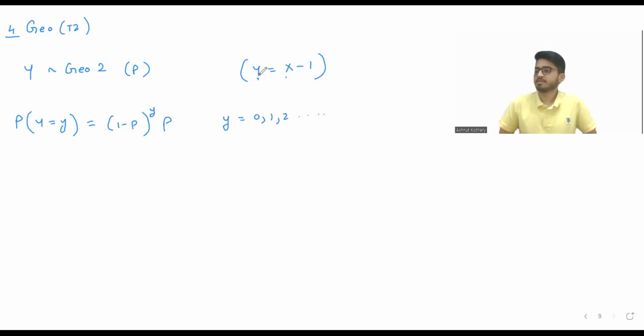See, in certain questions where it is mentioned, use geometric type 1, type 2, so on, fine, very simple. In certain cases where these things are not mentioned, there you need to apply this logic, how exactly we came up with a Bernoulli distribution or a geometric type 1 distribution or a geometric type 2 distribution, so that you know which one needs to be used.